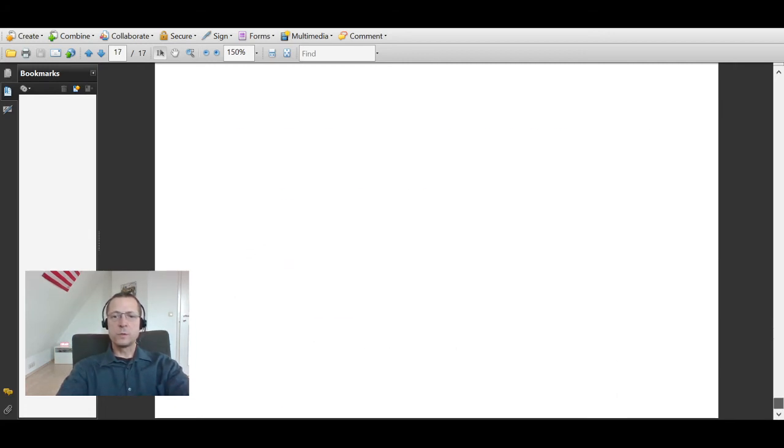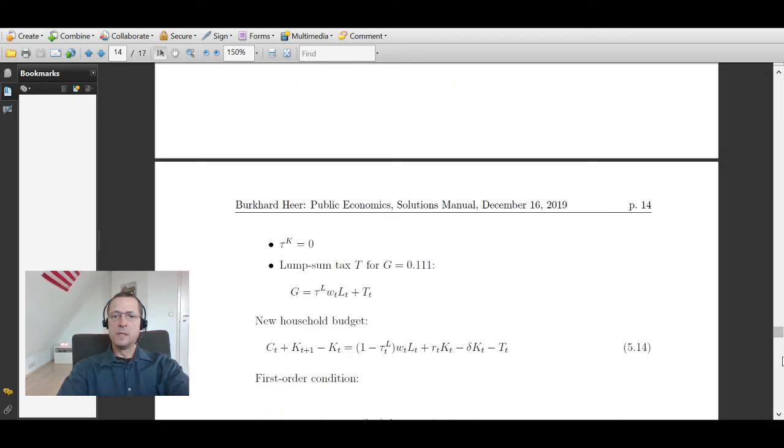So let us first look at the effects on the fiscal budget. The fiscal budget is now given by revenues tau L W L, the labor income taxes, plus the lump sum tax T. And they have to finance government expenditure G from the old steady state.